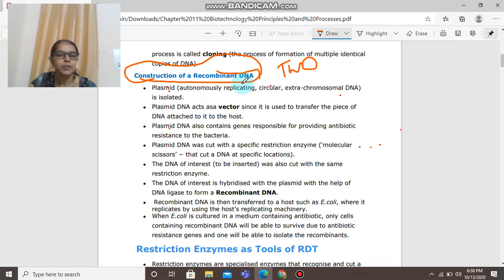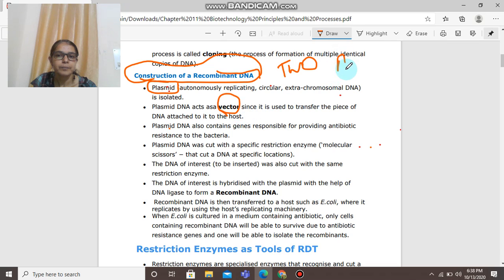Now for the formation of this recombinant DNA, obviously we will require something, and the major thing that is required is the plasmid. Plasmid majorly acts as the vector. Now what is the meaning of vector? The most common example that you already know is the malarial parasite that is transferred by the vector, the female Anopheles mosquito.